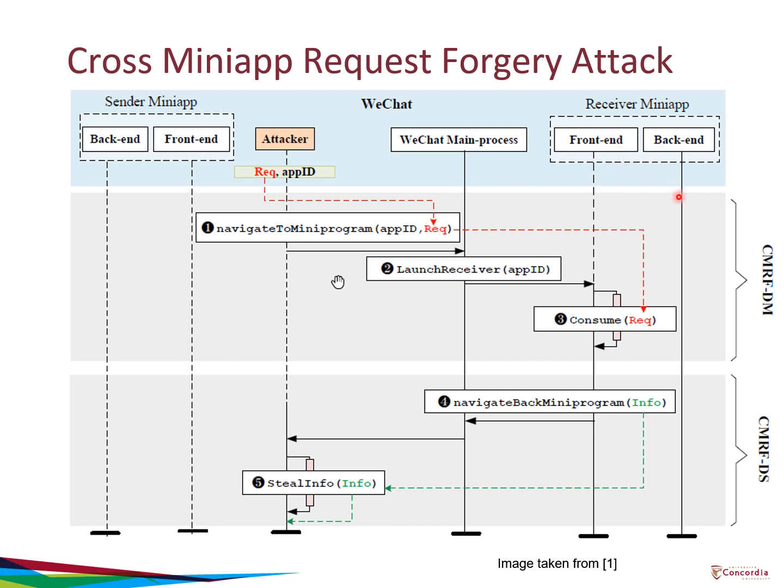However, instead of finishing the normal payment procedure, the attacker terminates the payment Miniapp and runs the fake Miniapp in his development environment. Then he uses the fake Miniapp to create a forged request, which contains the payment state of success, and sends this to the victim receiver through the Navigate to Mini program from step 1.